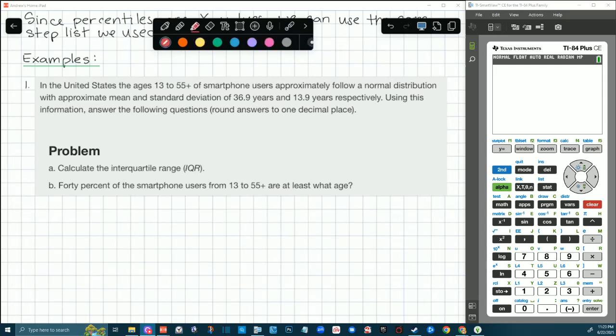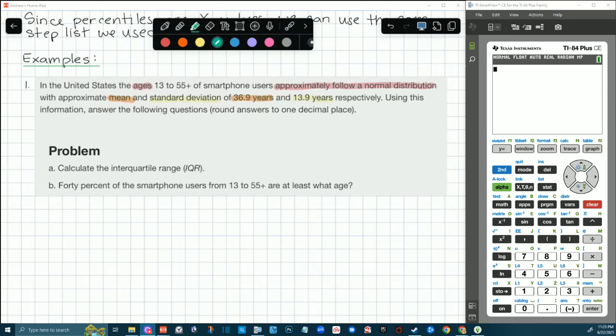So let's go through that problem and check what we know. It says the ages approximately follow a normal distribution. They give us a mean of 36.9 years and a standard deviation of 13.9 years.